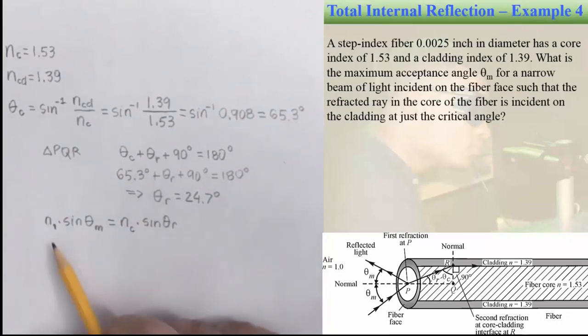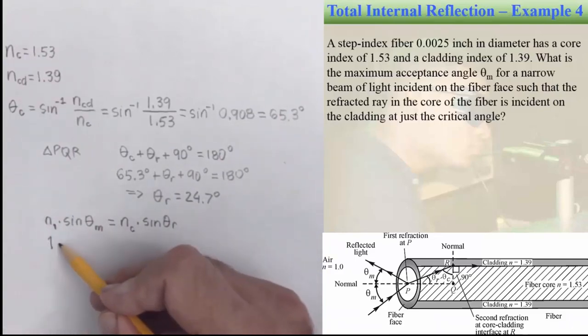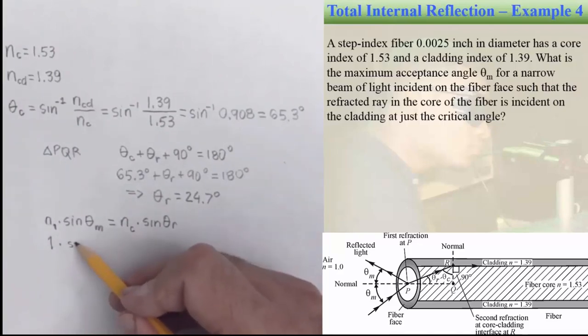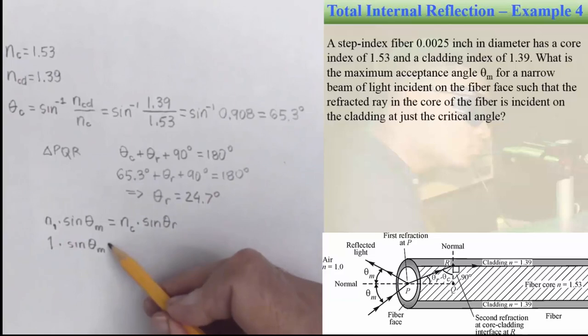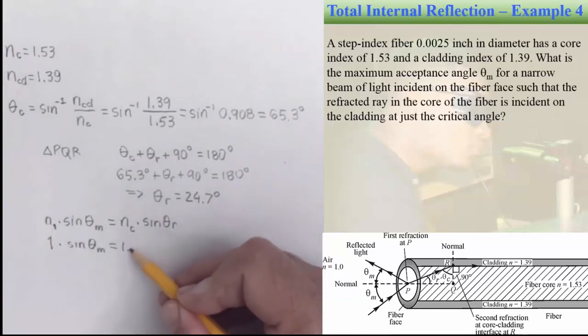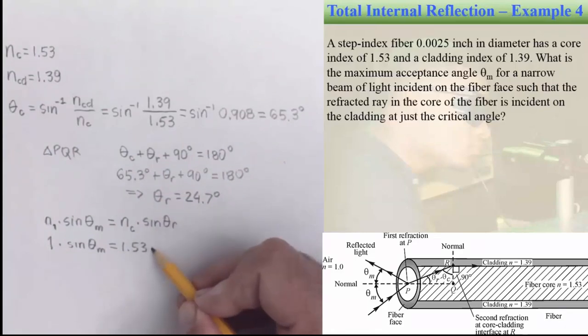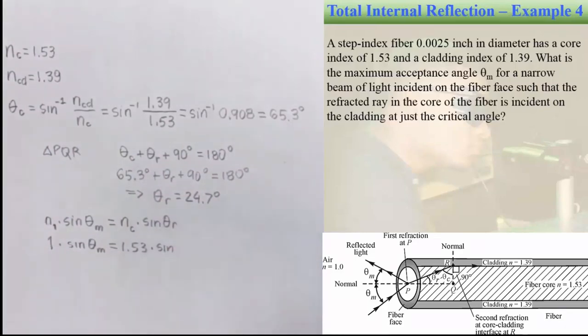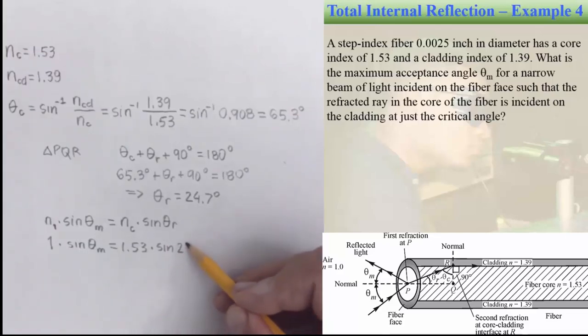Now let's see what we have here. Again, n1 is the index of refraction of the air. That's our originating medium. That's equal to 1, times the sine of the unknown minimum acceptance angle theta M, is equal to the index of refraction of the core, which is 1.53, times the sine of the refracted angle. Refracted angle theta R is what we calculated in the previous step, equal to 24.7 degrees.